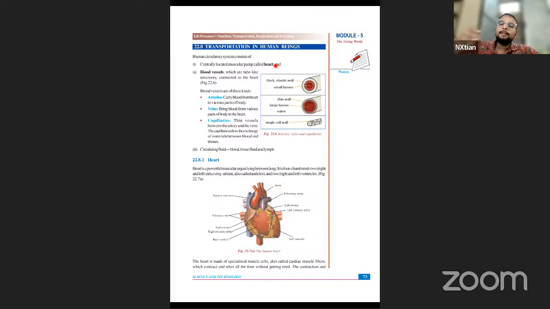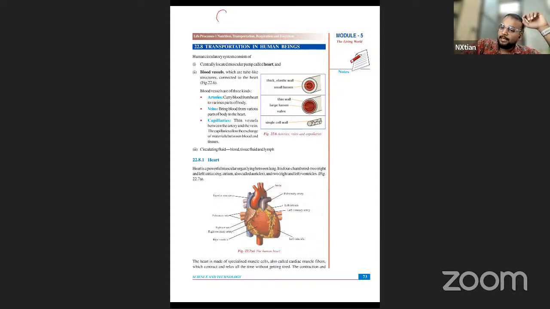It's connected to the heart, and when the heart contracts, the blood will come into this, and when the heart relaxes, then the blood will go through it. Understood, guys? But there are three types of vessels. Artery means those which carry blood away from the heart. Now I'll make a diagram for you.